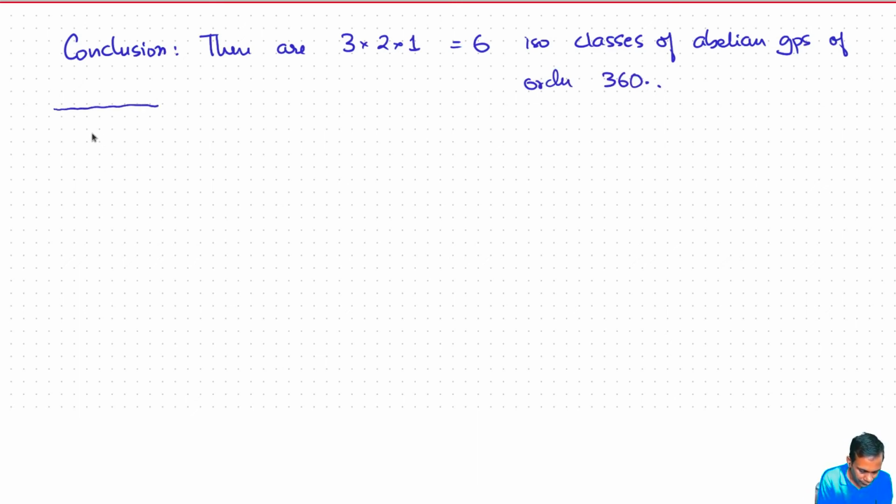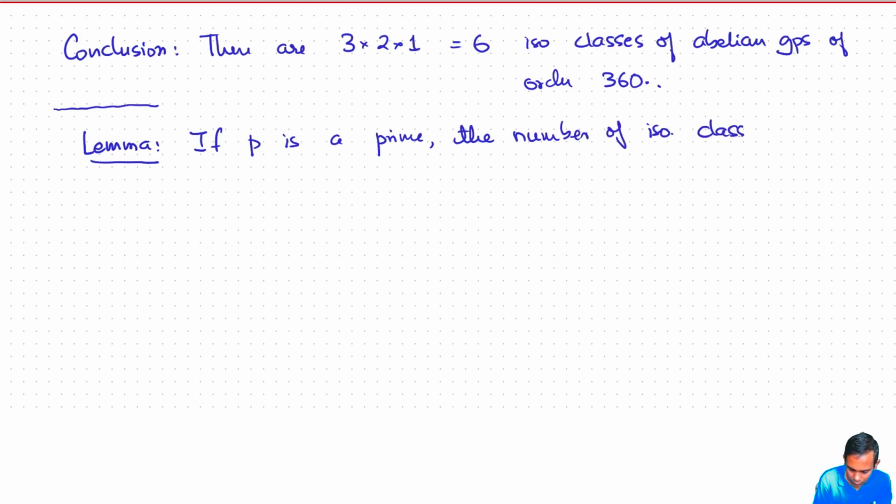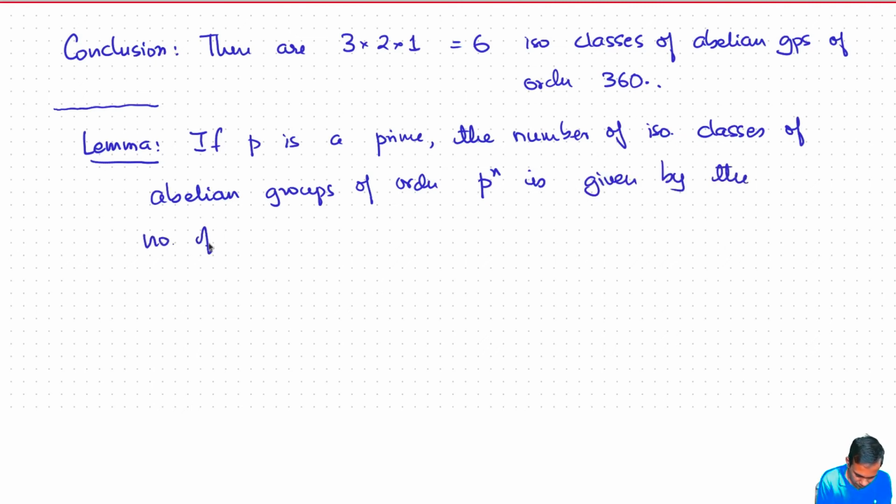If p is a prime, the number of isomorphism classes of abelian groups of order p to the power n is given by the number of sequences k1 less than or equal to k2 less than or equal to kr, and these have to be positive, such that k1 plus and so on plus kr add up to n.